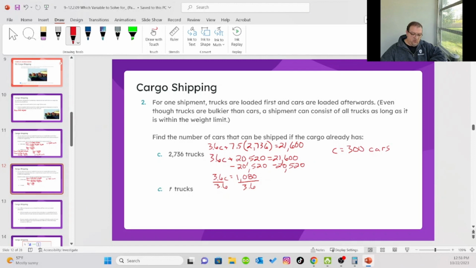So lastly, they want the generic equation. 3.6C plus 7.5T equals 21,600. First thing I'm going to do is move the 7.5T by subtracting it from both sides.